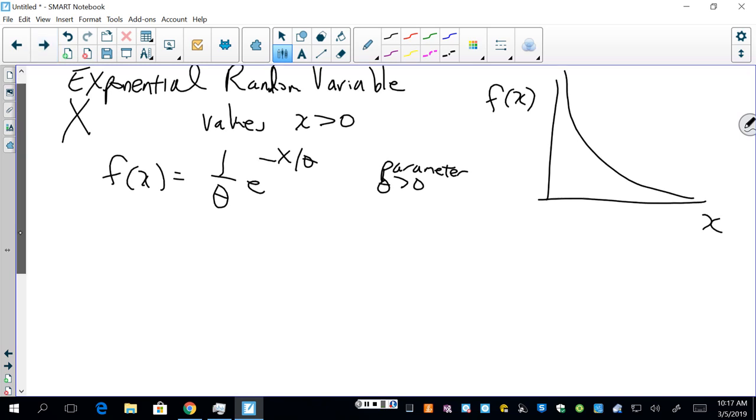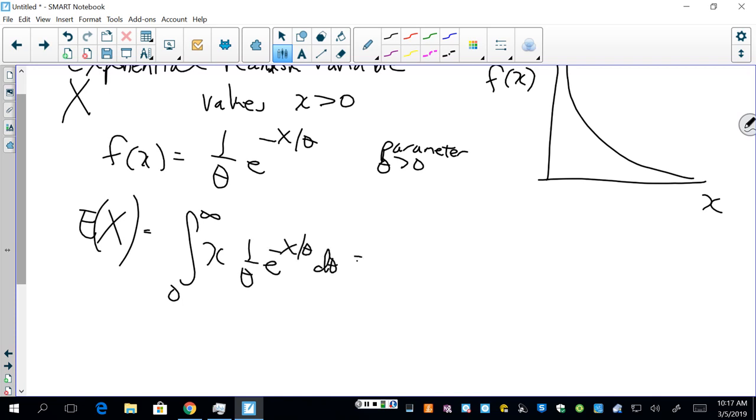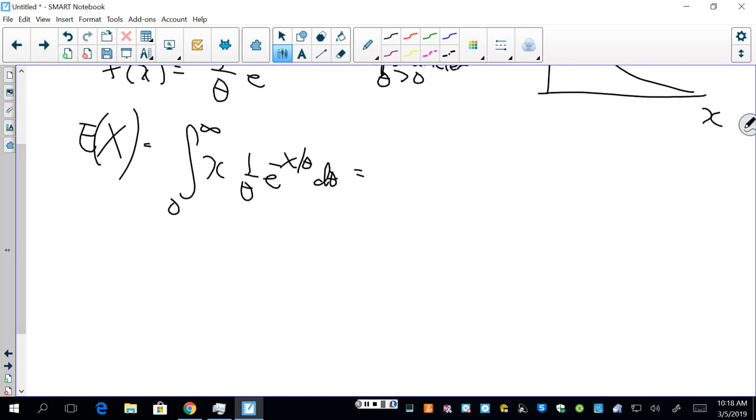Right? What's the expected value of x? We're going to take the integral over the positive density of x times 1 over theta e to the negative x over theta dx. And integrating that thing is really an integration by parts application.